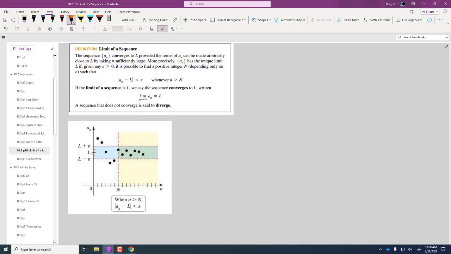Okay, so that's the formal definition of a limit. We're not going to use it, we're just going to use the idea of that. But that's what it means for this sequence to have a limit. For any epsilon, you're going to eventually have the tail within epsilon of L.